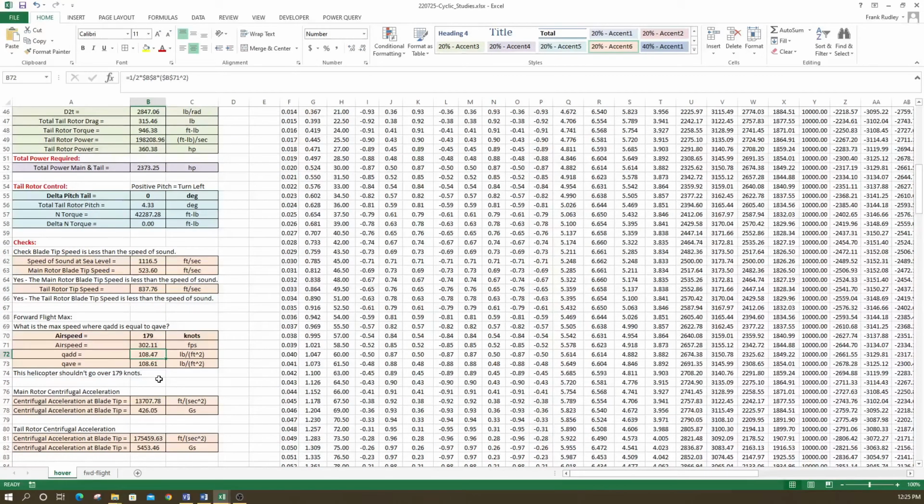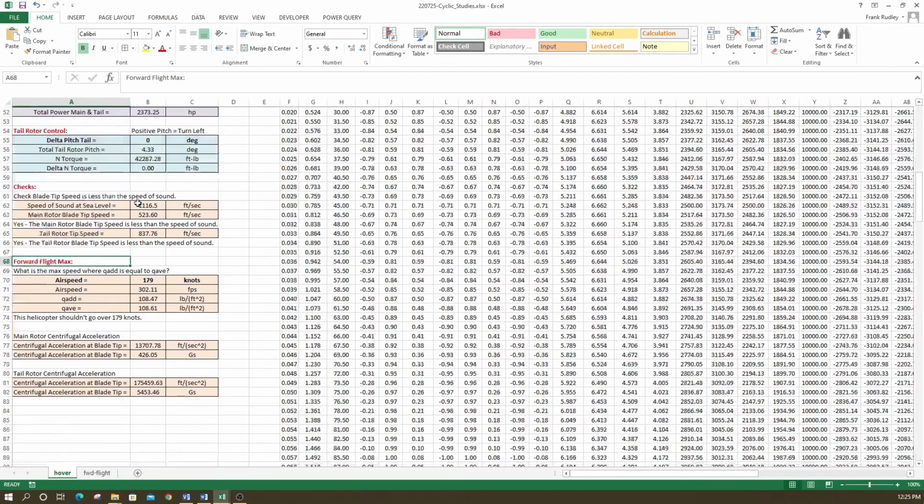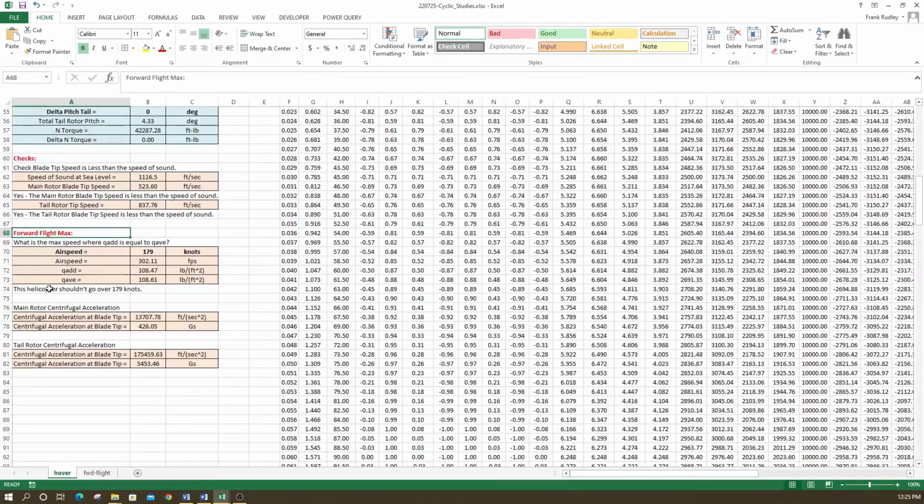So I know that this helicopter probably isn't going to be able to do over 179 knots without stalling out the rotor. So that's my maximum forward flight speed. Here, I'll make that red. And some other things. So with this helicopter, you should never go over 179 knots.